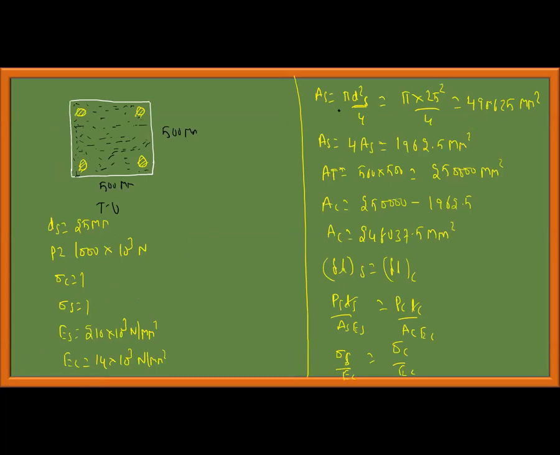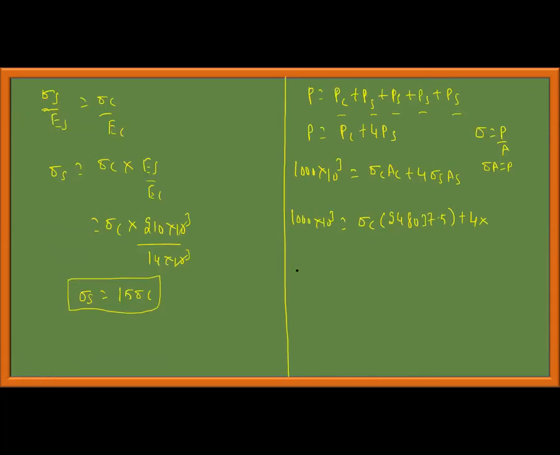Each steel column is 490.625 mm square. 490.625 into 4 sigma s. Okay, 4 into 4 into 490.625. Sigma s I'll be representing as 15 sigma c.